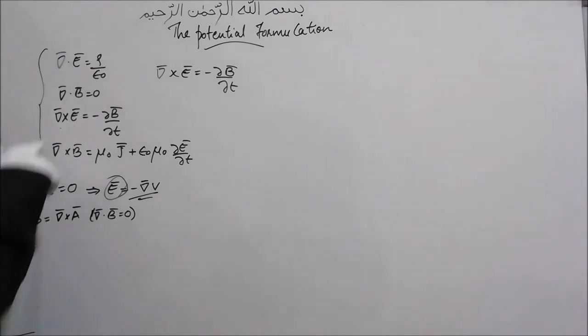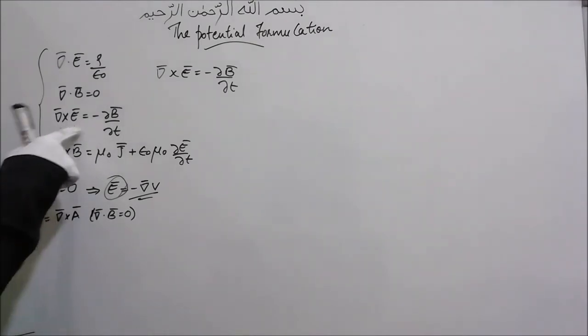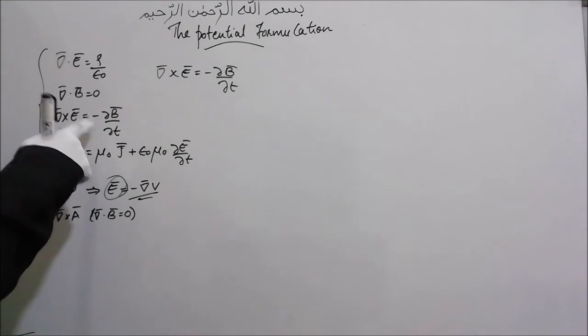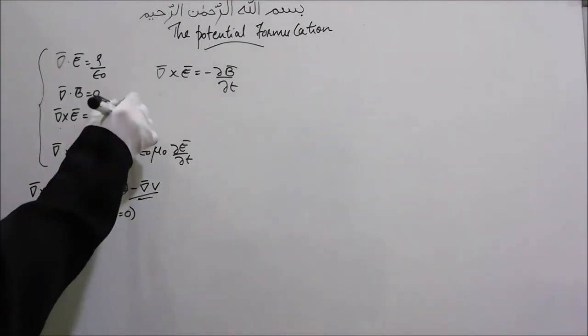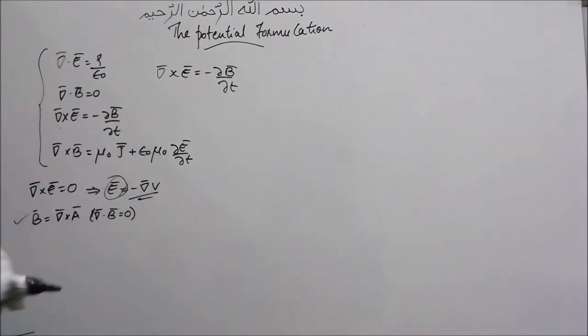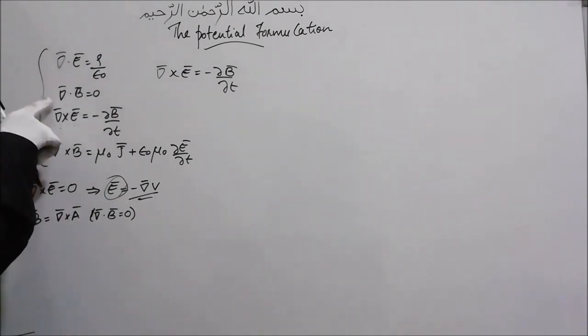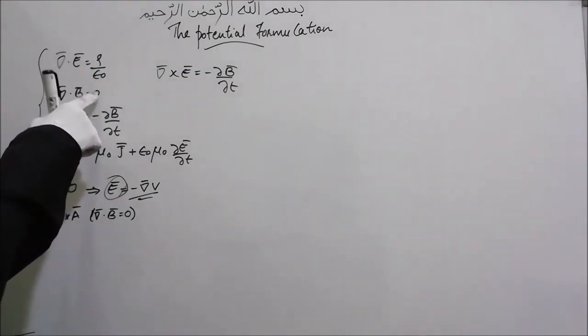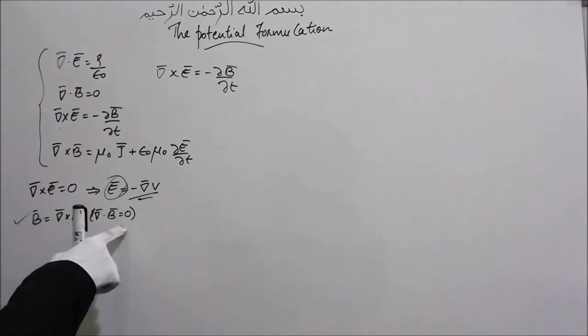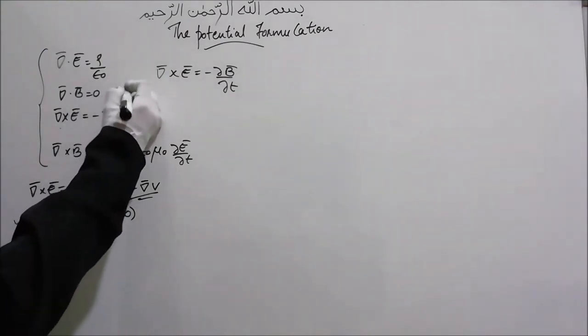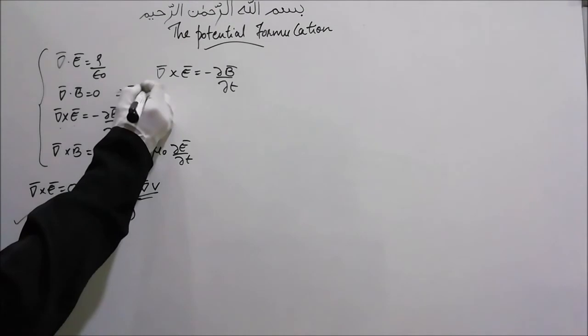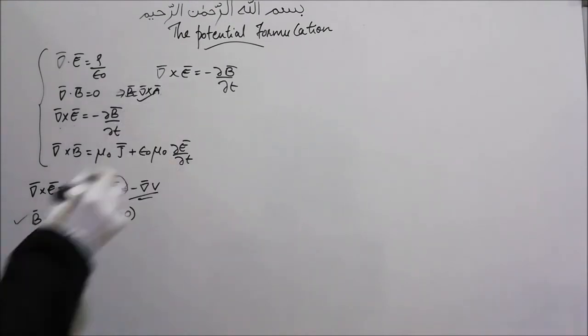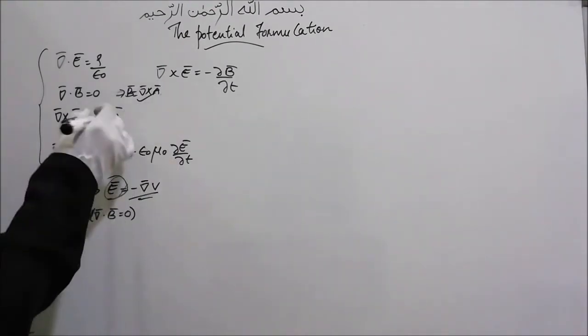And in electrodynamics, you can clearly see that del cross E is not equal to 0. That means E equals minus del V is not possible here. Also, we have del dot B equals 0, just like in magnetostatics, so from this we do get B equals del cross A. That we do get here, but we don't get E equals minus del V.